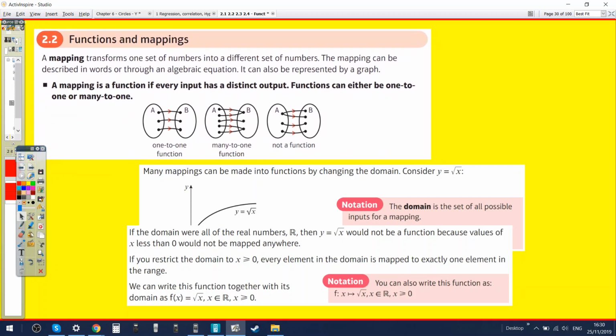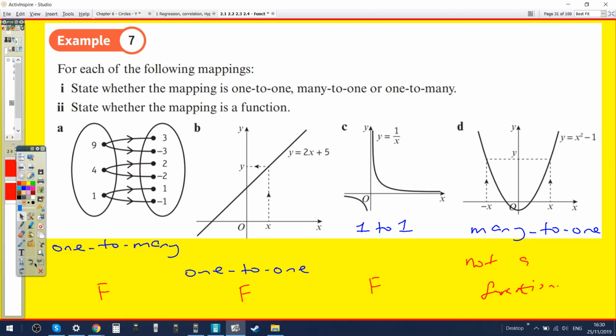A mapping is a function if every input has a distinct output. So I think, sorry, it's the second thing is 1, sorry. Okay, so it has just one answer. Yes. And so that would be, is it B, C, and D?